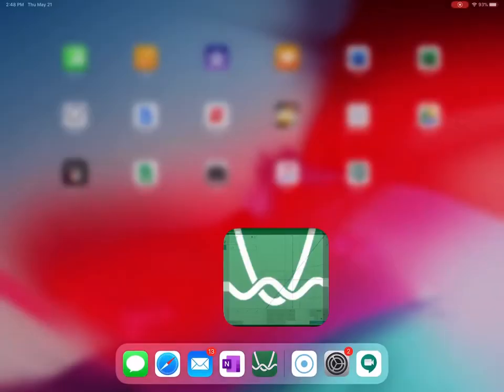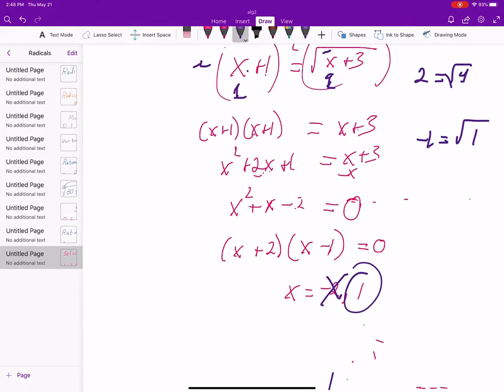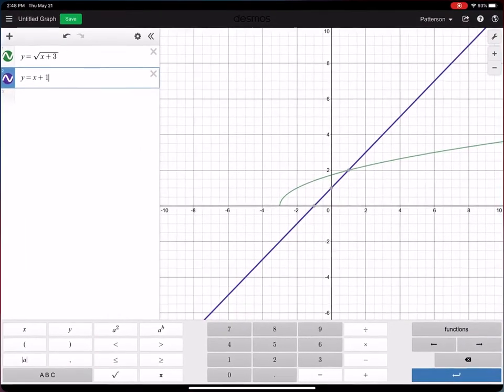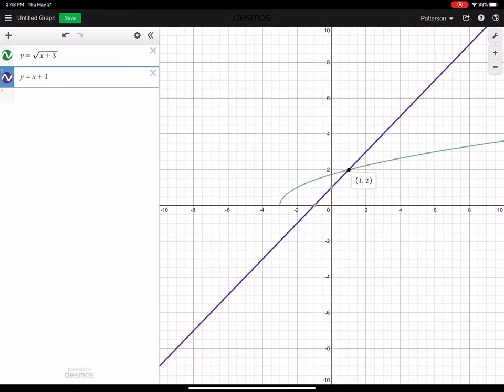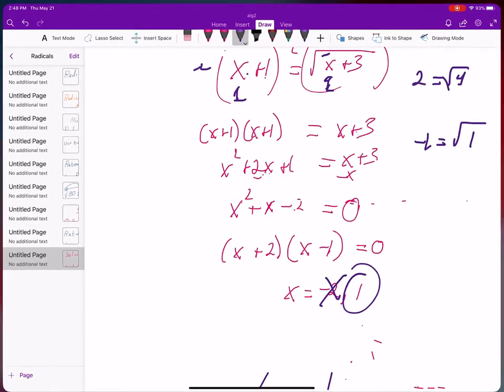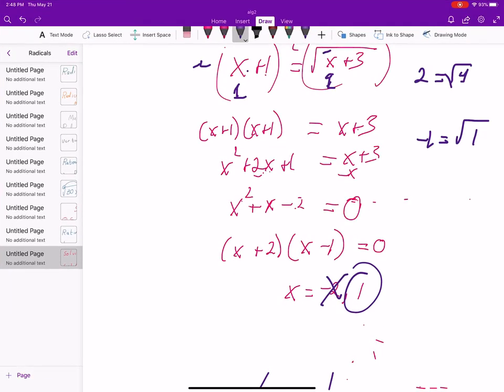Let me double check what everything was. x plus 3, x plus 1, yep. So there it is. They only cross right there. That gives you an idea of where the answer is. So don't be afraid to check it, see what you got. I think that was pretty much it, really. I didn't see anything else.